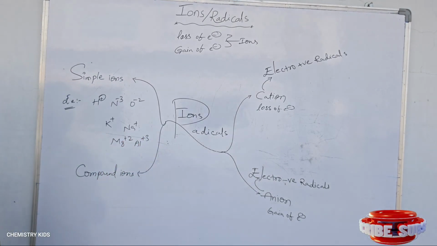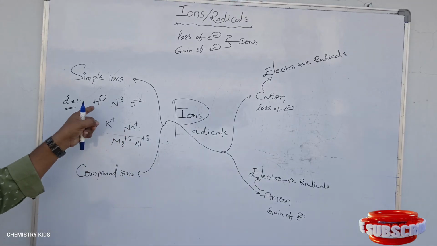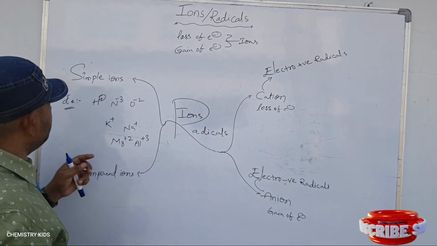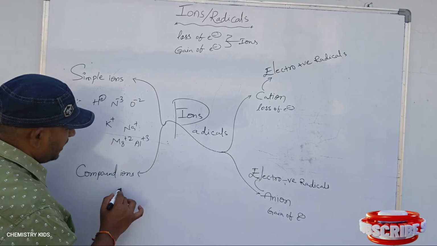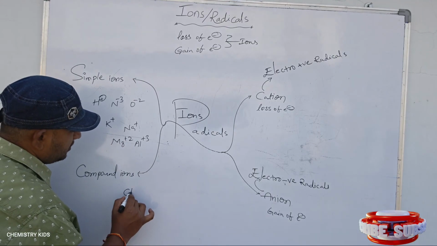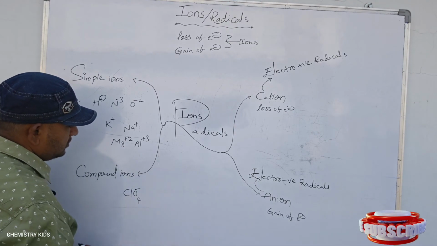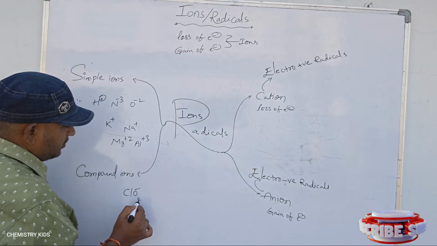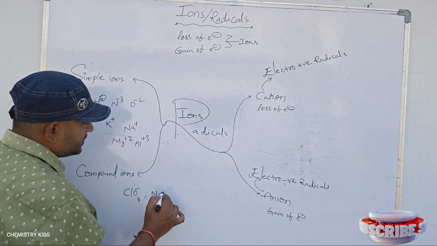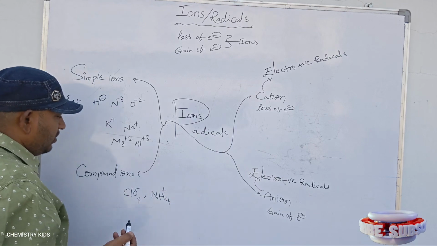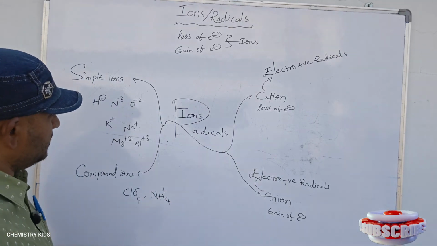These all have one atom, so they are called simple ions. Compound ions, like ClO4 minus, have one chlorine and four oxygen, five atoms in total. When this many atoms are present in the compound, we call it a compound ion.